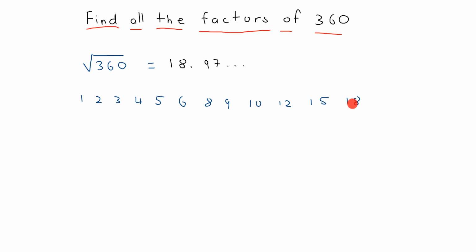I know that if I've got a square root of a number, and I'll just do another little example here. If I was to have 36, the square root of 36 is 6, and then I get the factors like this, 1, 2, 3, 4, and up to 6.